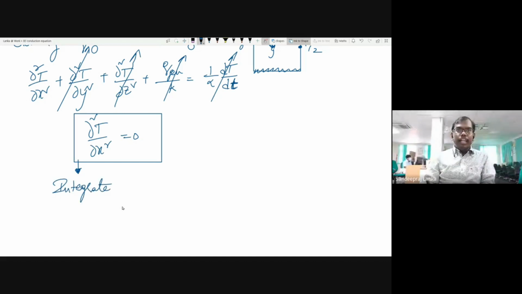When I integrate that, I get ∂T/∂x = C1. Basically, when I differentiate this, I get this; that's why when I integrate this, I get this. It is a reversal: differentiation gives this, integration gives this.